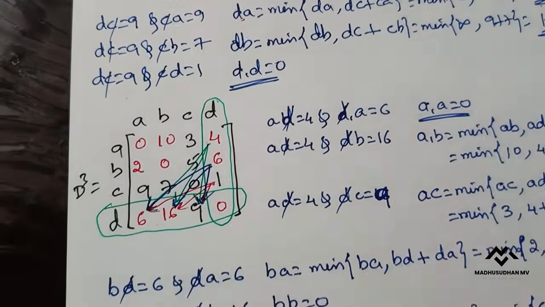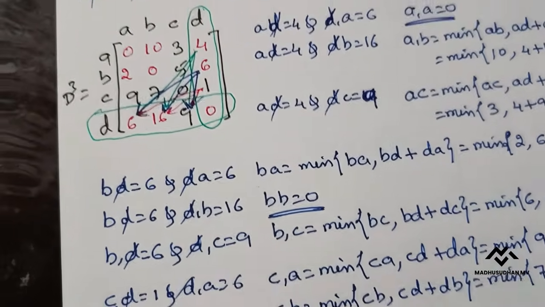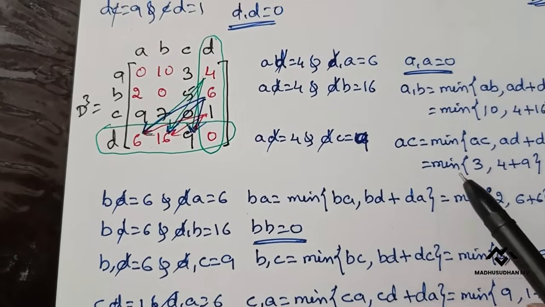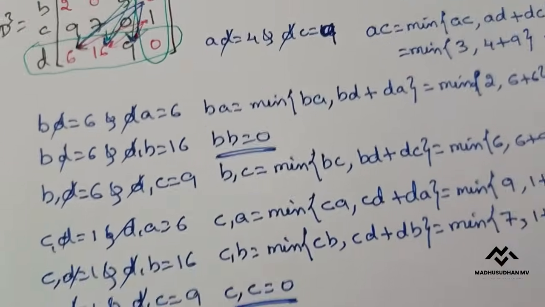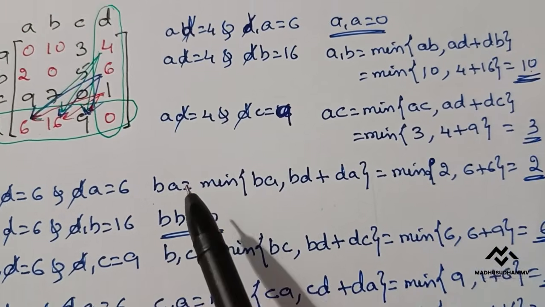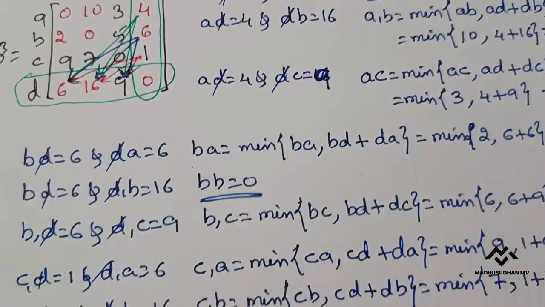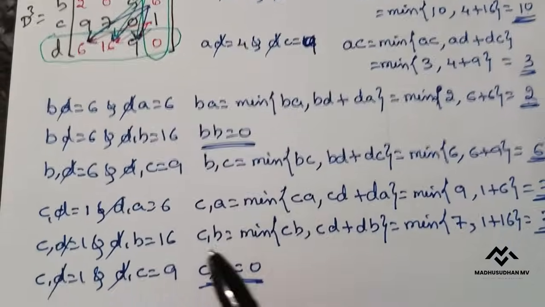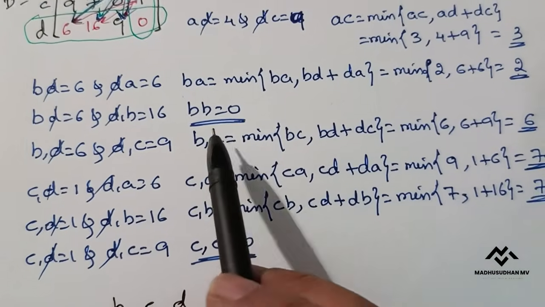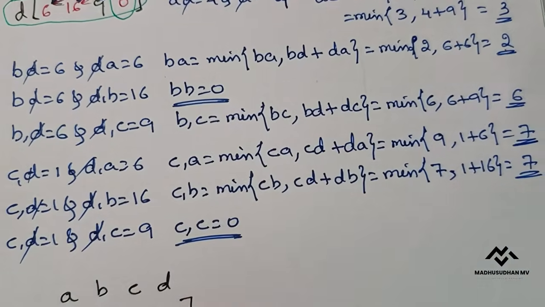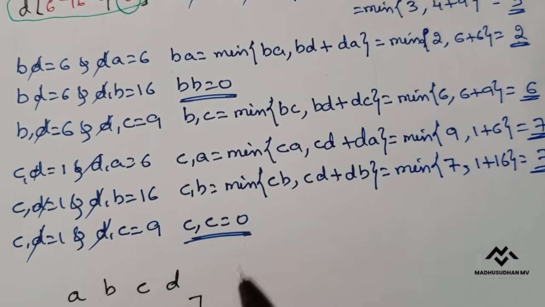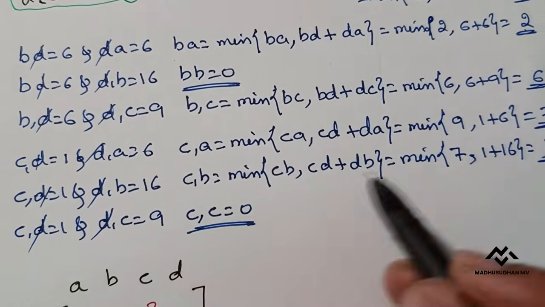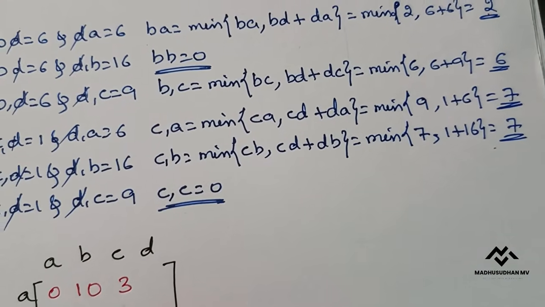A to A is 0, then A to B 10, then A to C 3, then B to A 2, then B to B 0, then B to C 6, then C to A 7, then C to B is also 7, C to C 0.